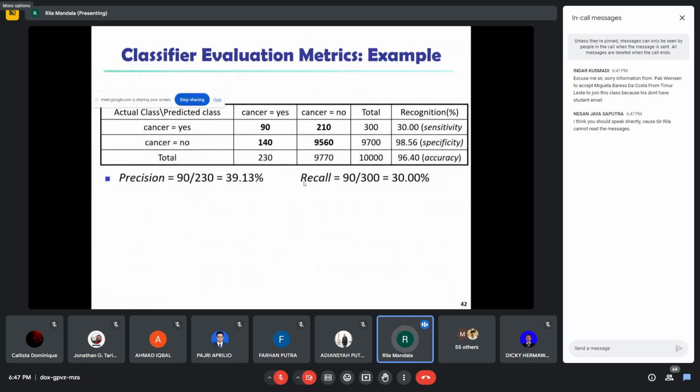Here, for example, we have a machine learning task to determine whether people have cancer or not.